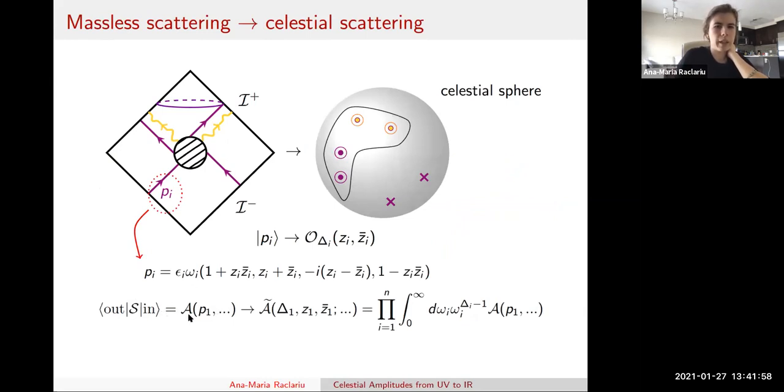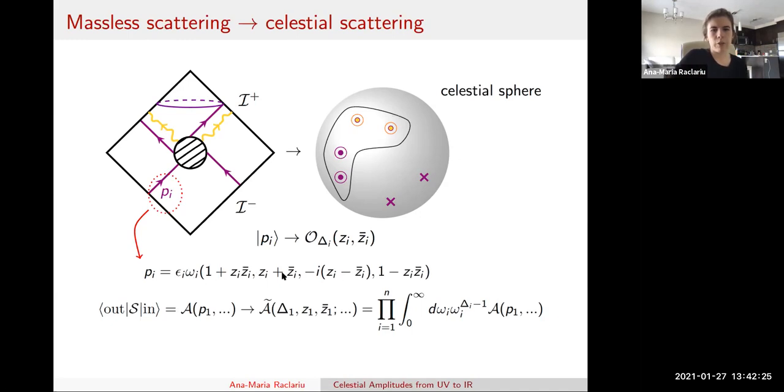So if you have n particles scattering, the scattering amplitude is going to be labeled by the respective momenta. And each on-shell momentum can be parametrized in terms of an energy and two angles, or a point on the celestial sphere.